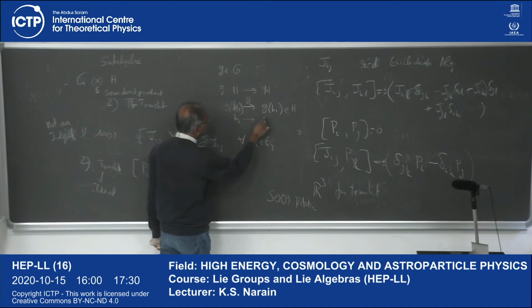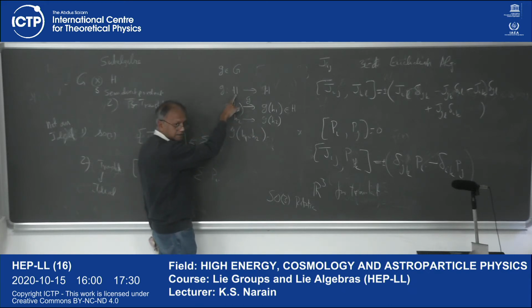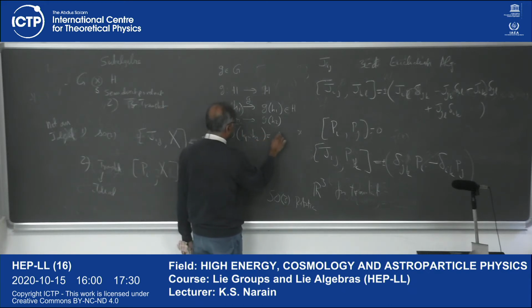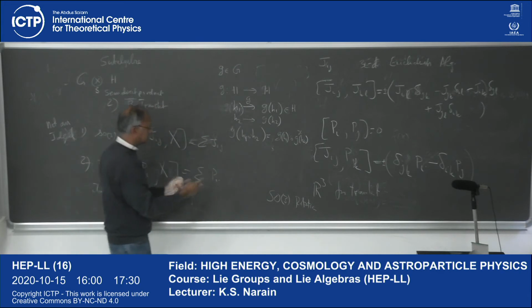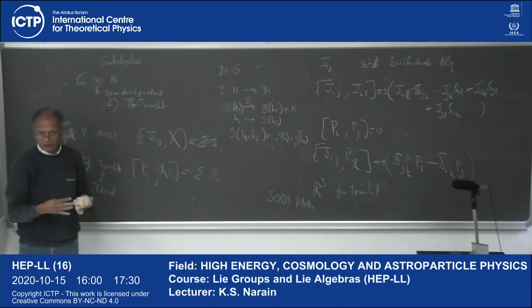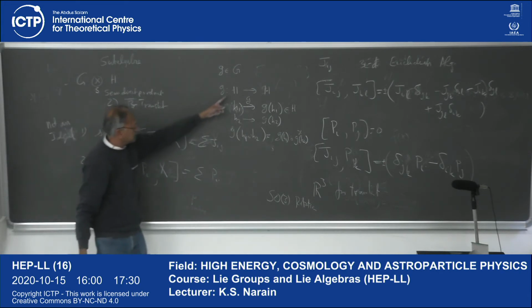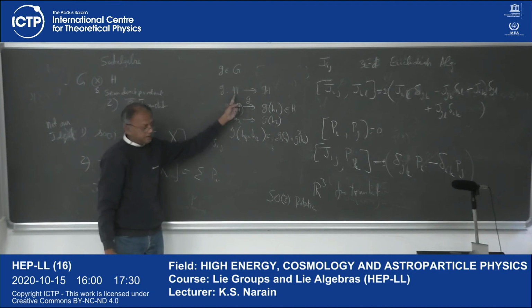If h2 maps to g(h2), then g of h1 h2, where this is a composition rule inside H, is the same as g(h1) g(h2). So this is what I mean by it preserving the group product rule within H.